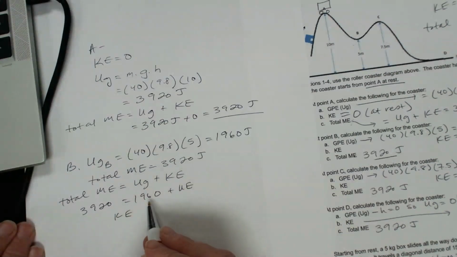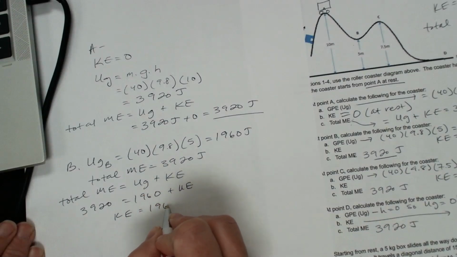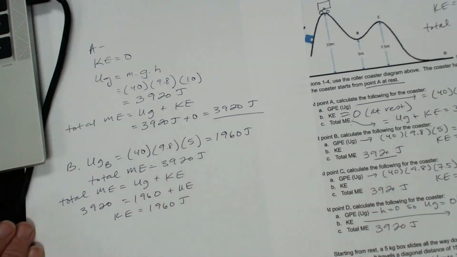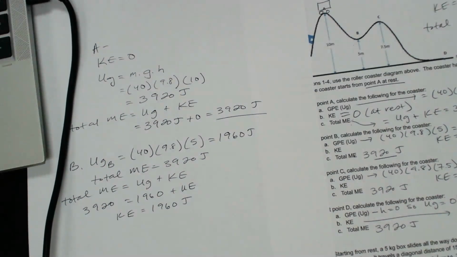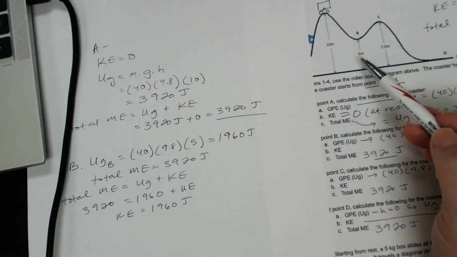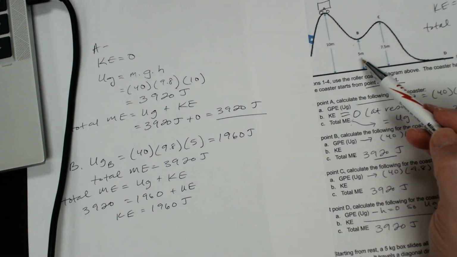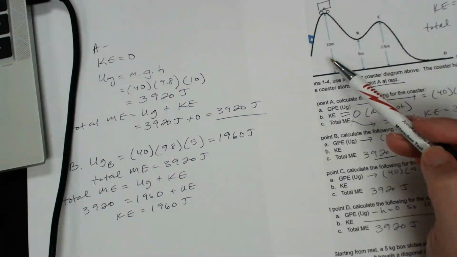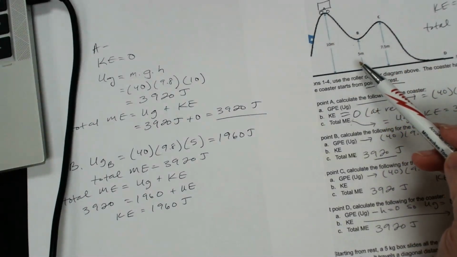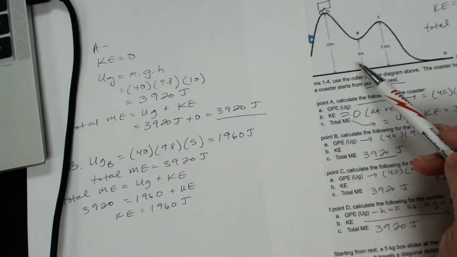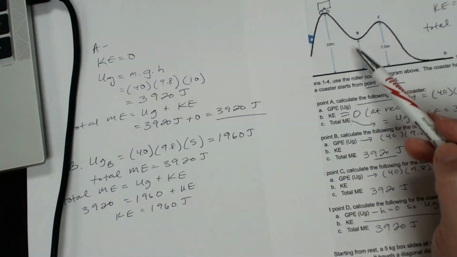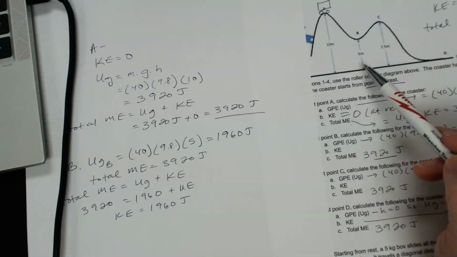I'm just going to subtract this 1,960 from both sides. I end up getting also 1,960 here. So my energy is half potential, half kinetic at this point. I'm half the height I was at my initial point. So hopefully that makes sense in terms of the way the problem is working. I've got half my energy converted now into kinetic.